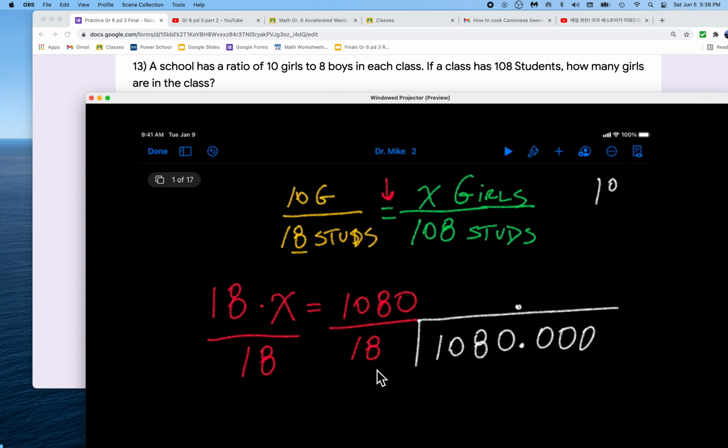Okay, what is 18 times 5? Remember, I go this way. 5 times 10 is 50. 5 times 8 is 40. So that would give me 90. What happened? I got 18. Is 18 less than the divisor? Answer no. Therefore, that is not correct.